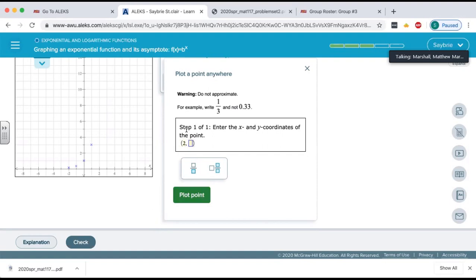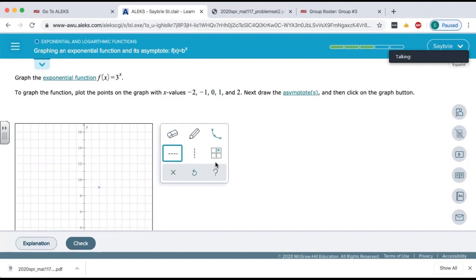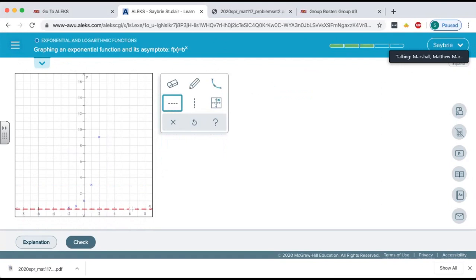And then if you plug in 2, 3 squared, 3 times 3, there you go, positive 9. It's not negative because you're not plugging in a negative. There you go. And then it looks like you've got to do that asymptote again. Yep, right there. That should be it.